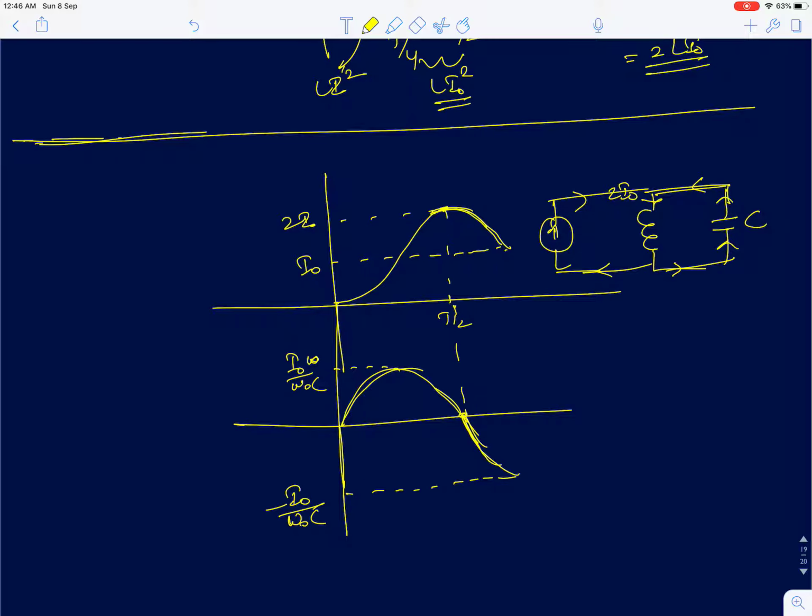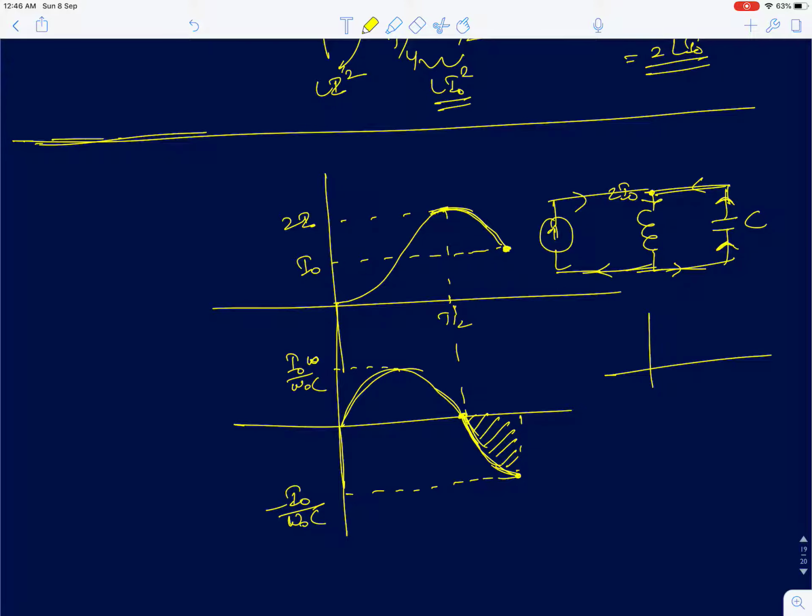Since the voltage across the capacitor is negative, the inductor will start losing its current. When the capacitor voltage goes to its peak negative value, the inductor current will come to I naught. I'll use a similar logic: if the voltage across the inductor is negative, the inductor loses a current of I naught if I integrate it.